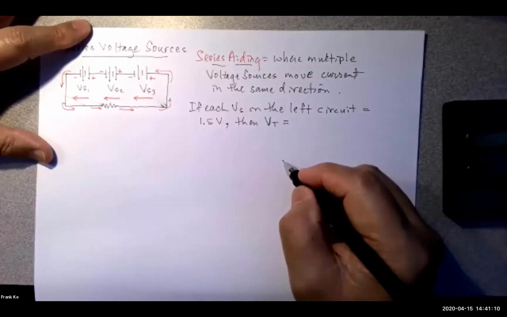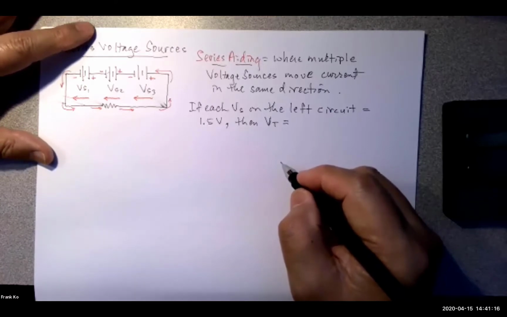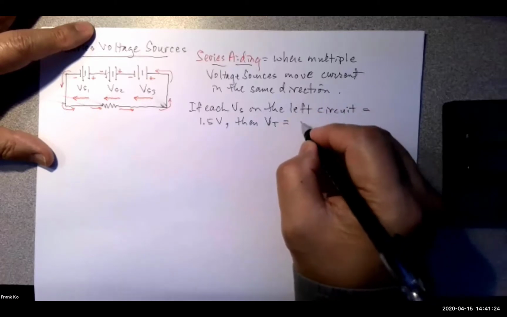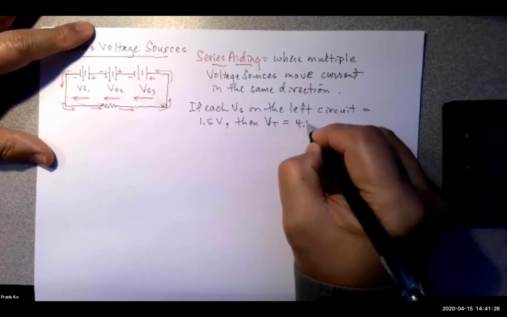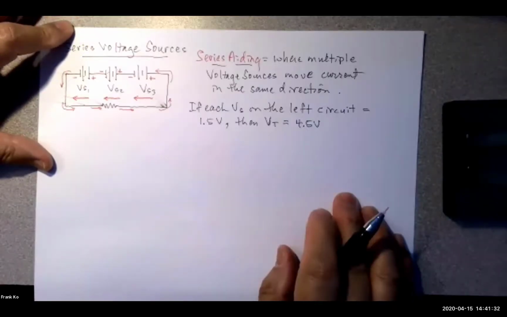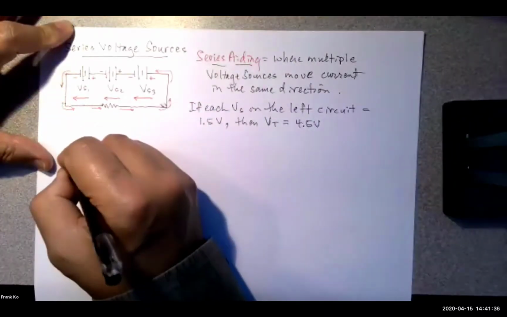You've got three of them moving electricity in the same direction. Each one's 1.5 volts. Four and a half. We have exactly what you have in your battery pack: 4.5 volts, precisely. That's called series aiding.